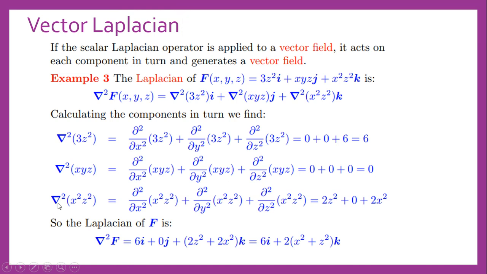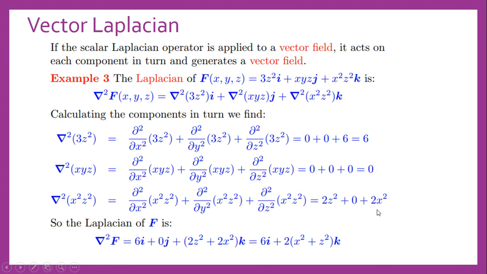And for the third term, del square of x square z square: with respect to x, first differentiation 2x z square, and second differentiation 2z square. There is no y component, so this becomes 0. With respect to z, we get 2x square z, and again 2x square.